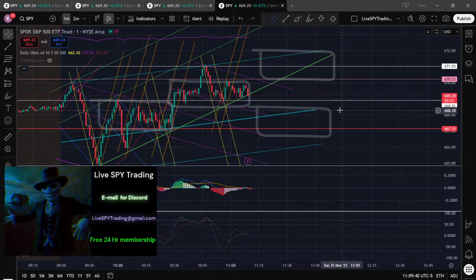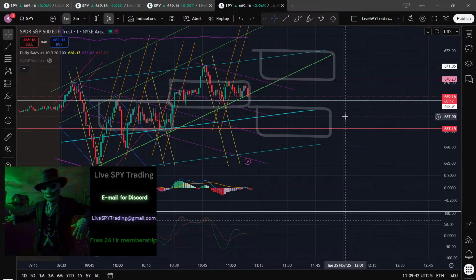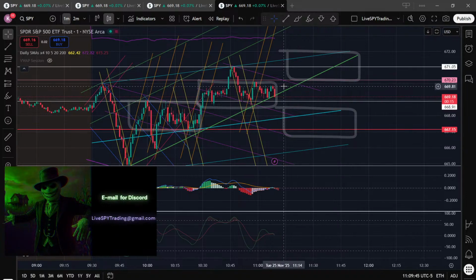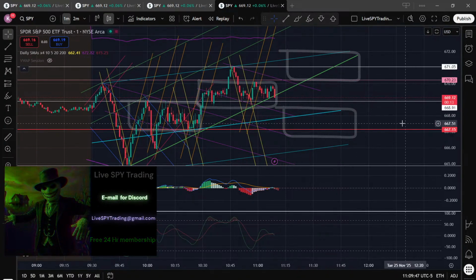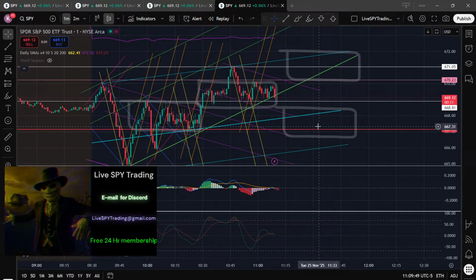All right, let's see what we got here on the break of this green. We'd like to see a break of green and a break of the white, the key level as well.